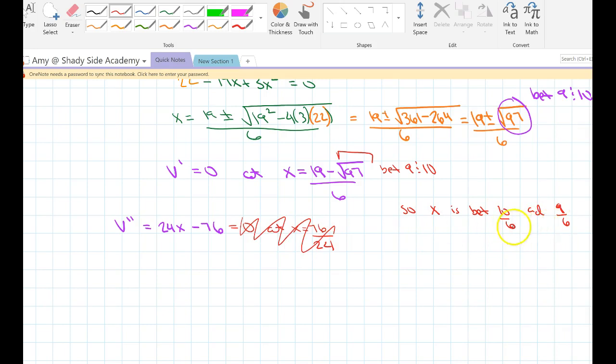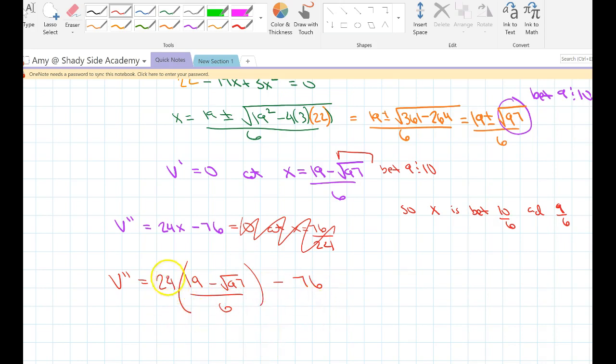X is between these two numbers, and the question is, what is V double prime going to equal at this point in question? 24 times 19 minus radical 97 all over 6, minus 76. Will this number be positive or negative?